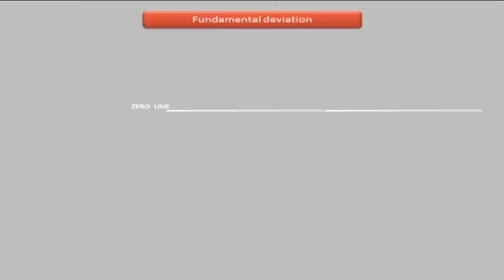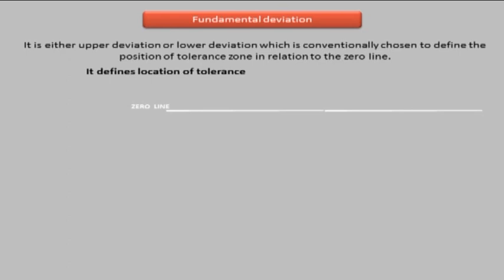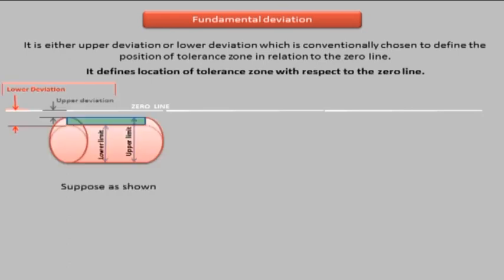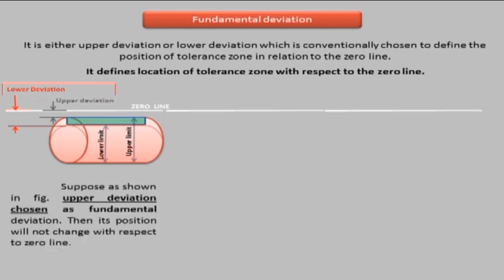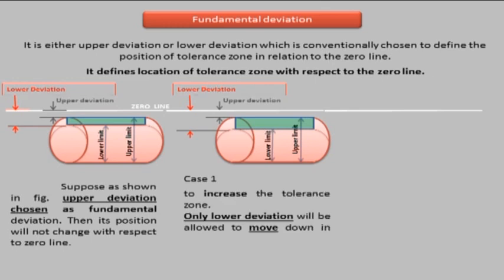Fundamental deviation. It is either upper deviation or lower deviation, which is conventionally chosen to define the position of tolerance zone in relation to the zero line. It defines location of tolerance zone with respect to the zero line. Suppose, as shown in figure, upper deviation is chosen as fundamental deviation, then its position will not change with respect to the zero line. Case 1: to increase the tolerance zone, only lower deviation will be allowed to move down.